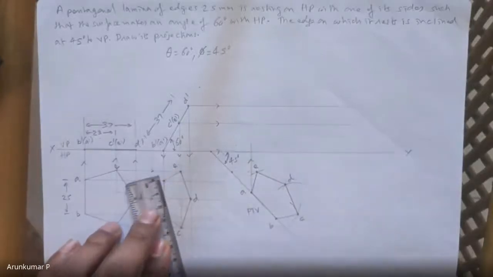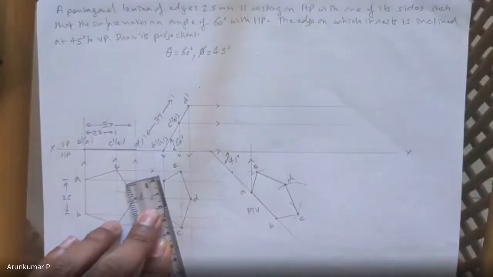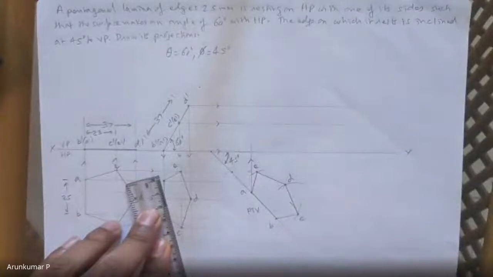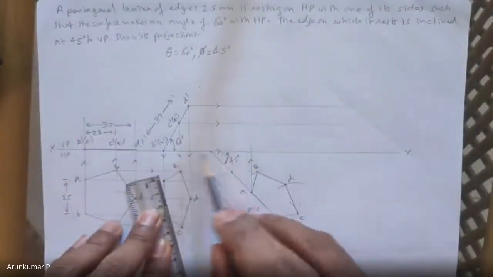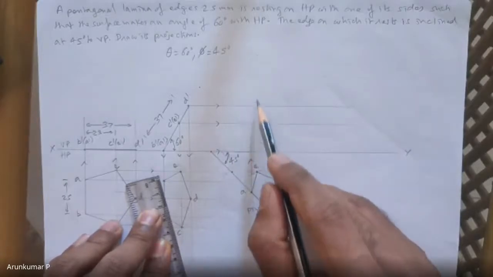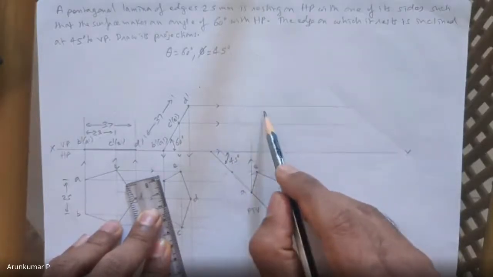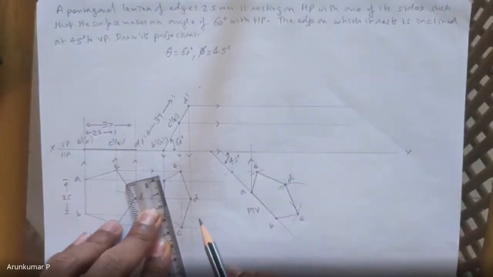You know why I am not drawing it till the top? Because the front view of A, where is it? On XY line, isn't it? Is there A above XY line? Here, here, or here? Then why I should project it till there? There is no need.